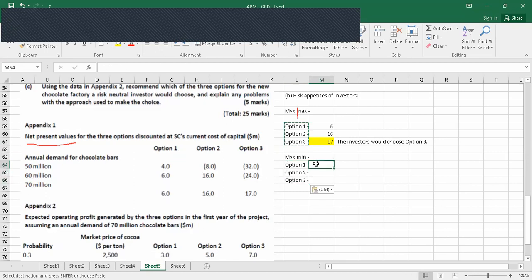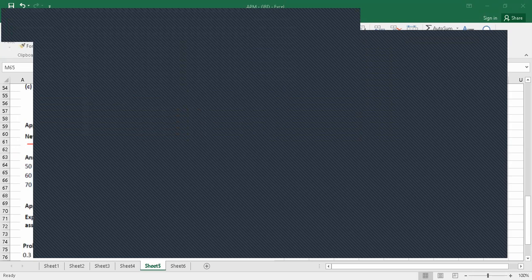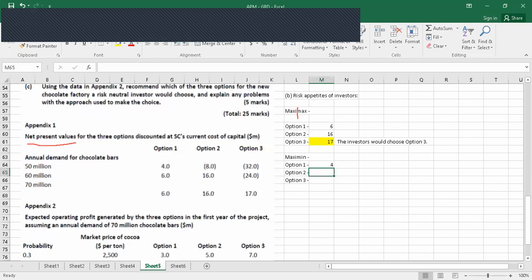So minimum return here would be 4. Then we see it is -8, and then we see 16 is the other one, and between that nobody would want to earn a minimum return which is in loss.